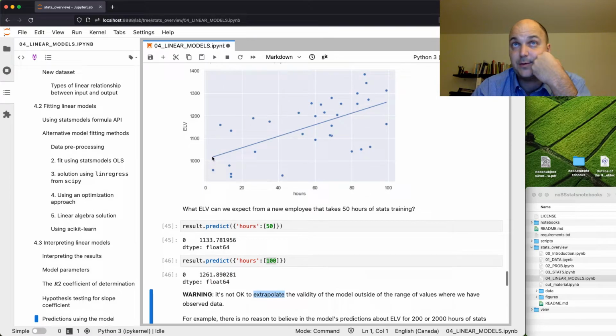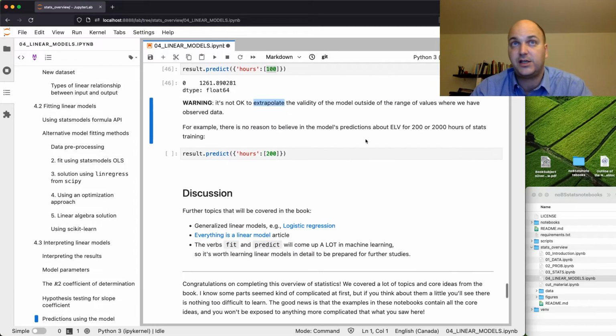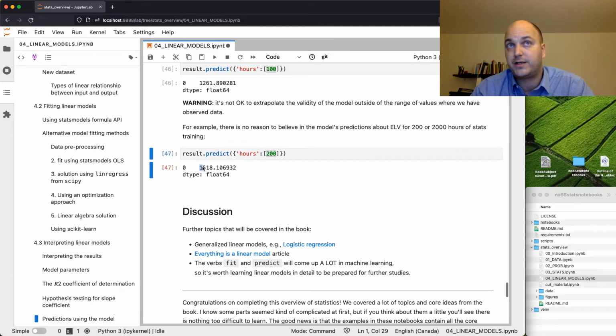So for example, we see this trend that the more hours, the better the employee lifetime value. You could say, well, extrapolating to 200 hours, can we predict? If you plug that into the model, it will predict that the employee lifetime value will be 1,500.